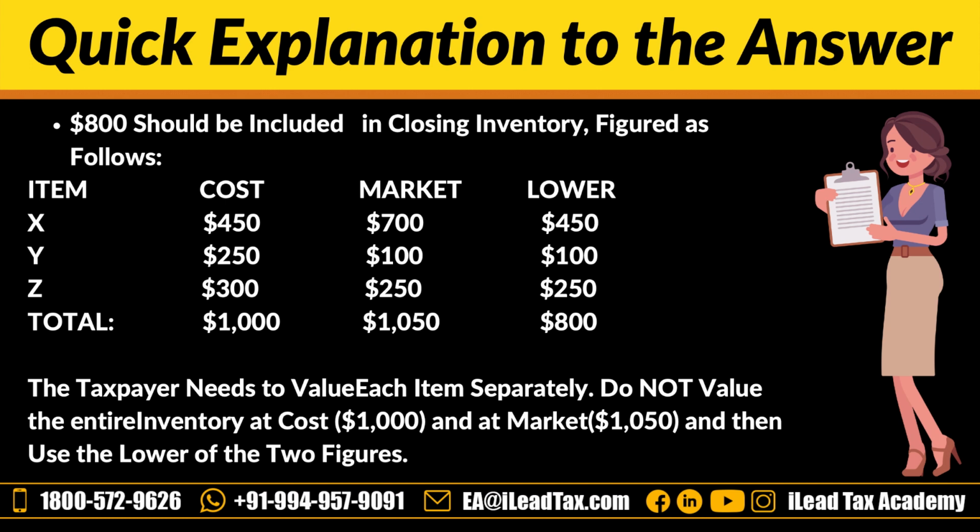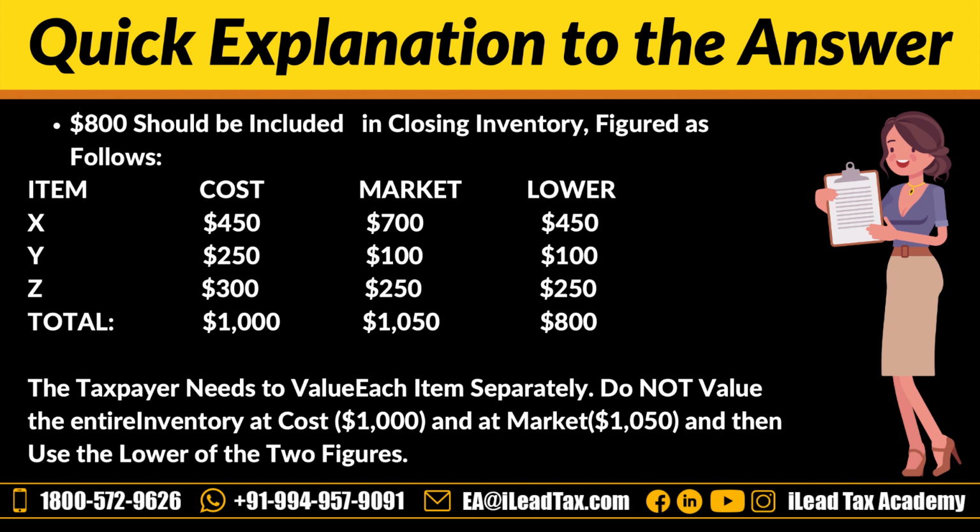So here under the lower of cost or market method, the value of the inventory is determined by comparing the cost of the item with its market value and using the lower of the two. Now let's calculate the value of the closing inventory for each item. Product X cost is 450 and market value is 700, and here we have to take the lower of cost and market. Here cost is less, so we value the inventory at 450.